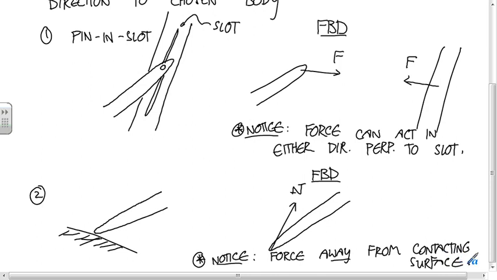Okay, so if you draw this as part of your free body diagram, your normal force is going away from the contacting surface, and you get a value now that's negative. What does that tell you about this setup?